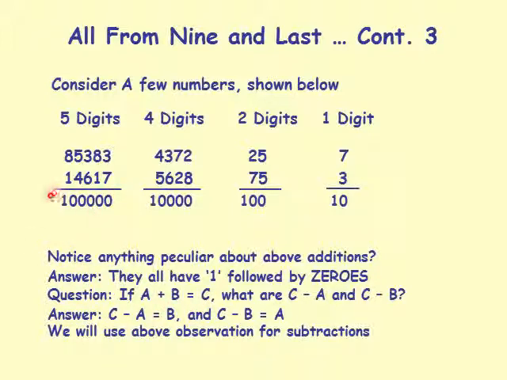We'll subtract this number from 100,000, and we should get the other number. If I subtract the first number from 100,000, I should get the second number. We will use these observations for subtractions.